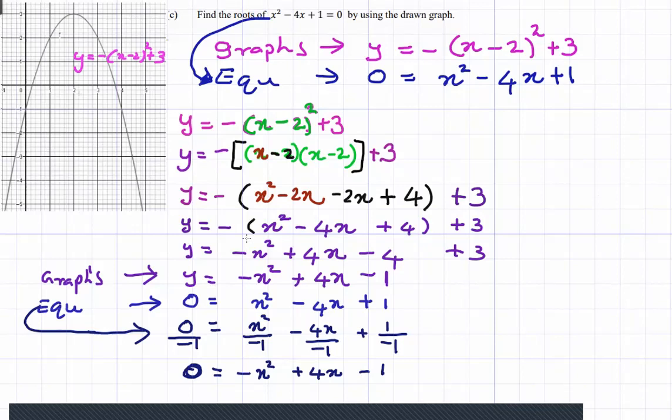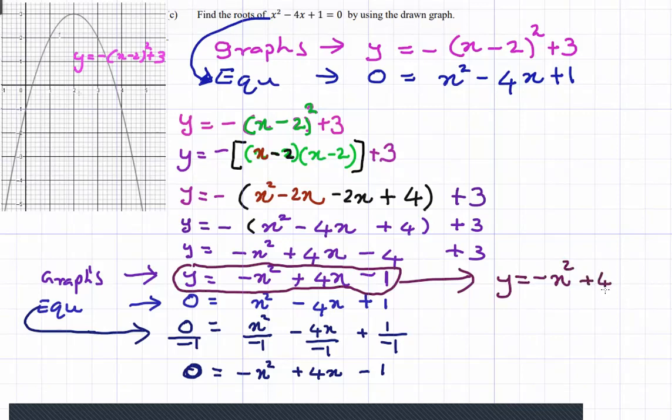Now see, let me circle the graph's equation. Let's take it out here. Y equals minus x squared plus 4x minus 1. And what's the equation we are supposed to solve? We have written that in a new format. What is it? 0 equals minus x squared plus 4x minus 1.